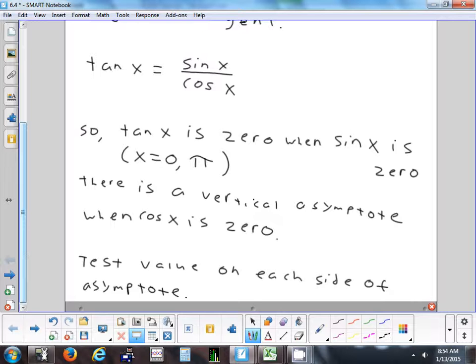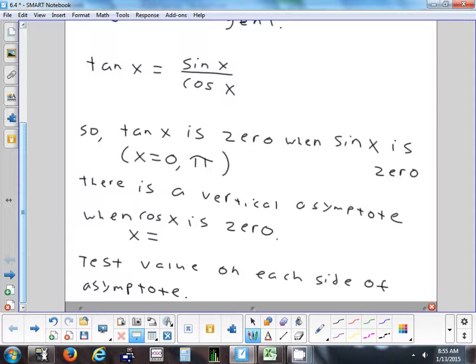Then what we'll do is check a value on each side of an asymptote, just like we've done before. So for this one, give me just one value that would make cosine 0. Where does cosine hit 0? 2 pi? That's where sine would hit 0, at 2 pi or 360.